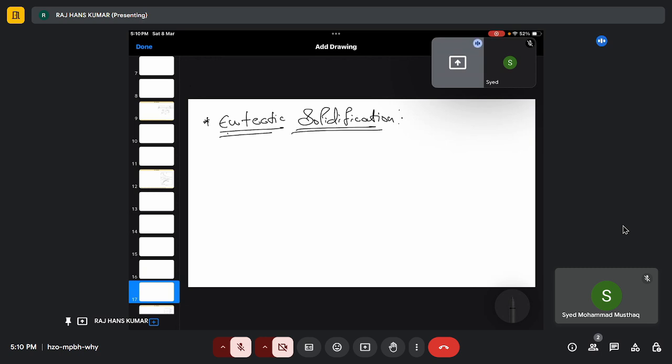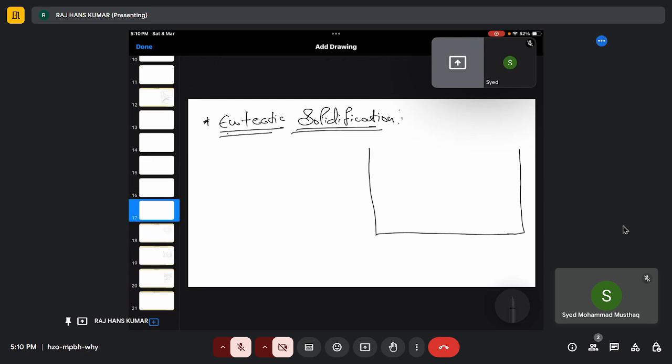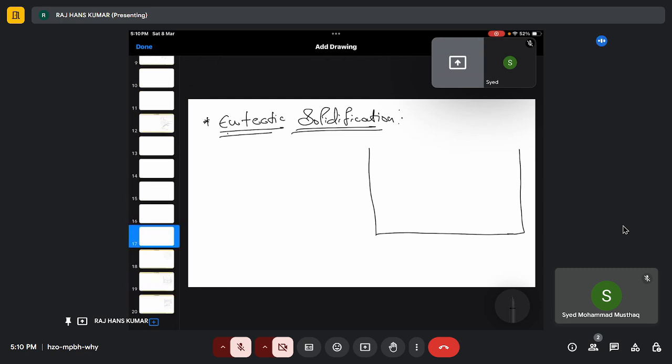So, we know, let's draw a eutectic phase diagram first to understand. Let's say this is my alpha, this is my beta. This is my liquid, alpha, beta, alpha plus beta, alpha plus L, liquid plus beta, and this is my liquid.